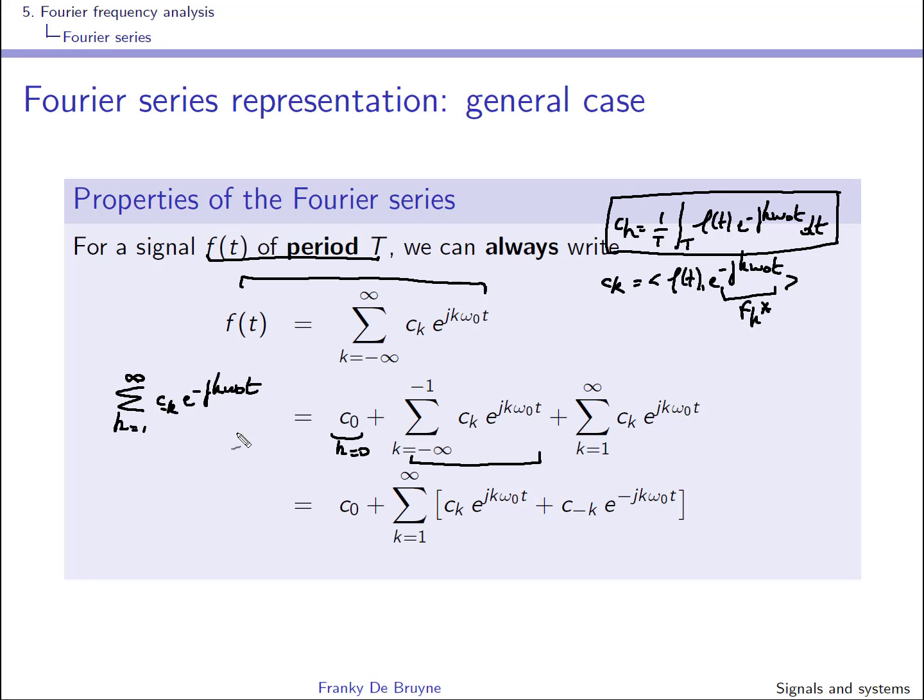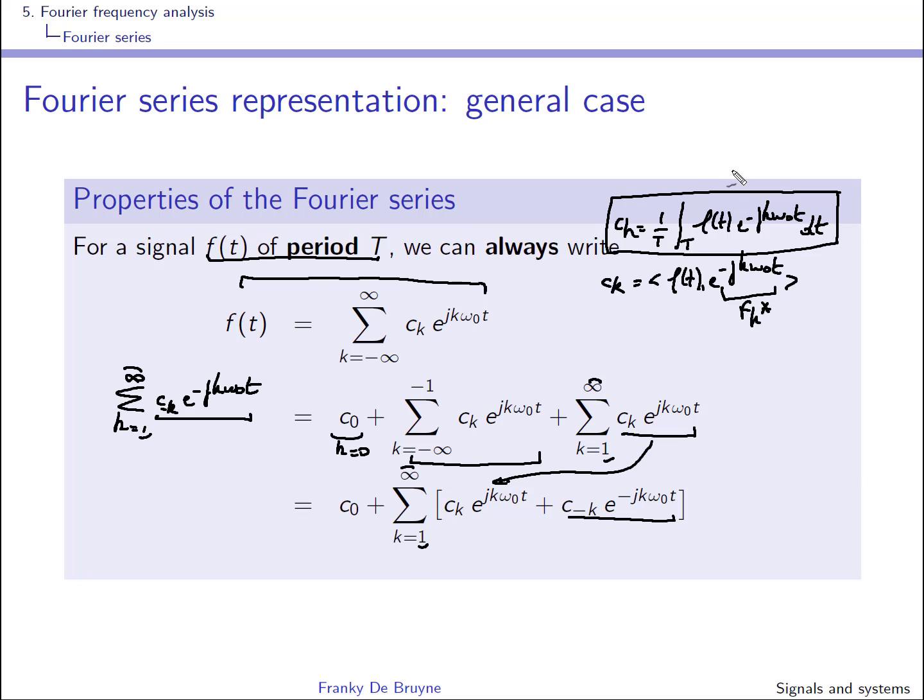Okay, so now we have a sum from 1 to infinity here and 1 to infinity there, so we can write this as one sum from 1 to infinity, and this one we find over here, and this one we find over there. The advantage is now that we have a sum over positive integers.